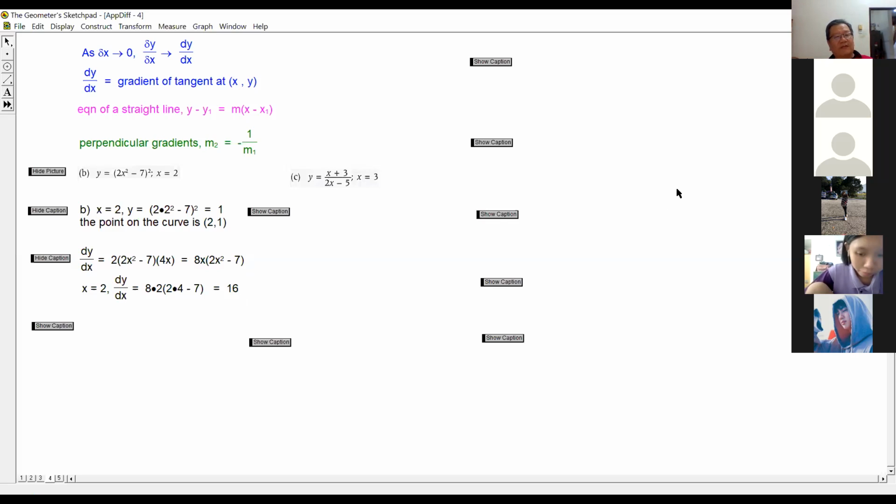This is function of a function. So how to use the chain rule? First of all, you take this 2, you put in front. Then the bracket, you keep this bracket, but 2 less 1 becomes 1. After that, you differentiate inside the bracket, you get 4x.